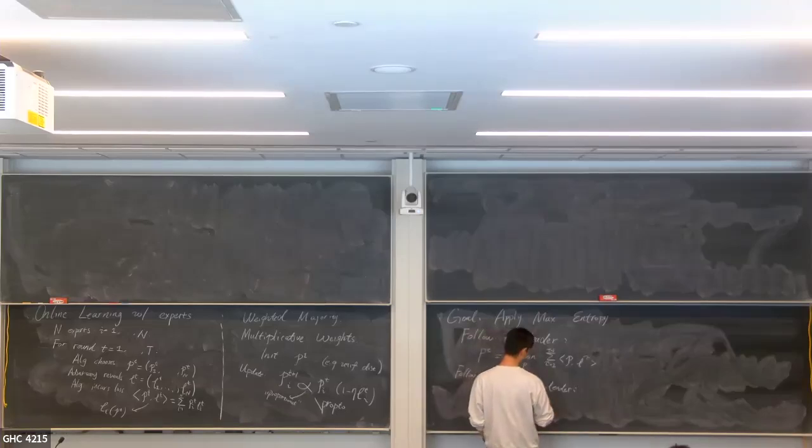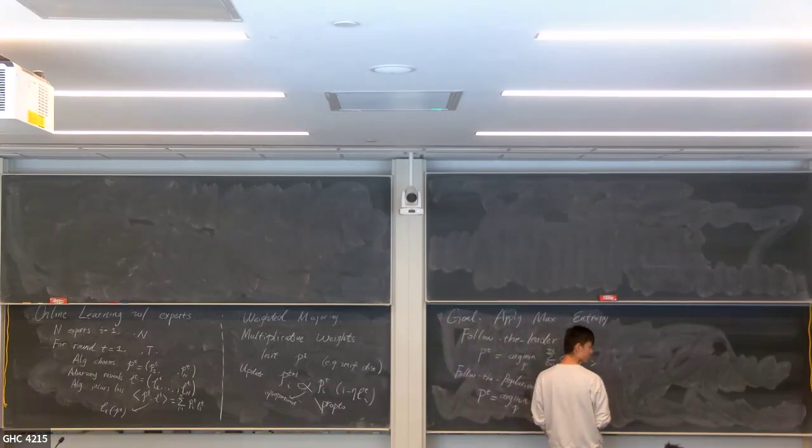So here I would like to maintain the cumulative loss so far. This is a place where I might screw up with sign. Negative.